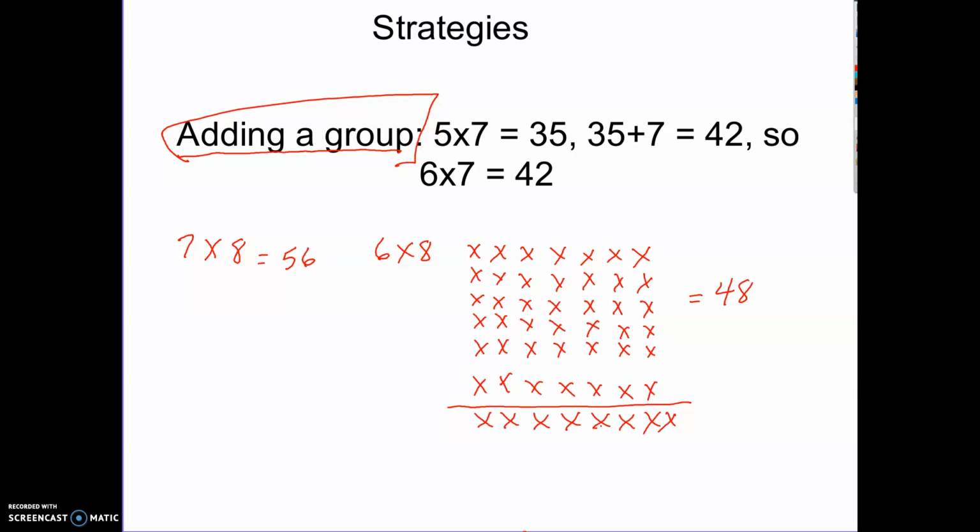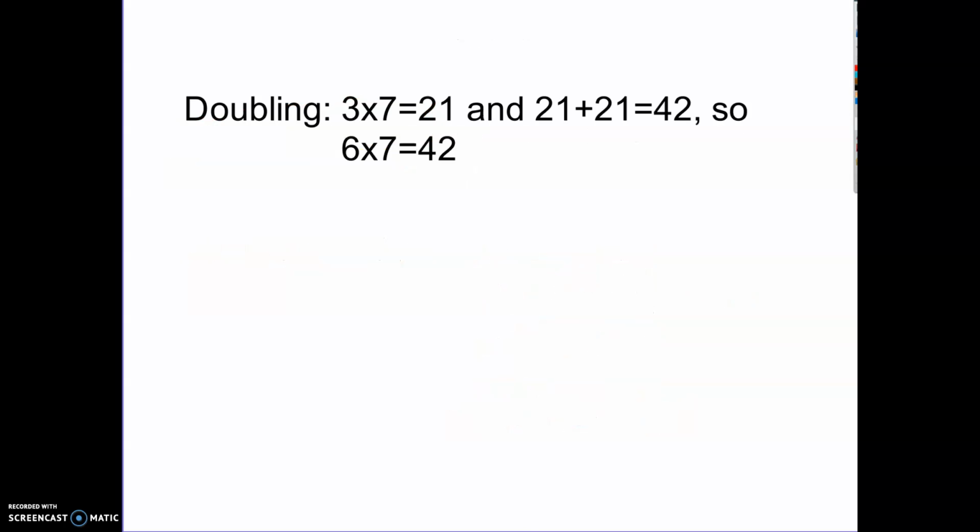Another strategy to use could be doubling. We did it before for 6 times 7. What if I wanted 8 times 9? All right. Well, I could use doubling, and I can go 4 times 9 is 36, and then add another 36. 6 plus 6 is 12.